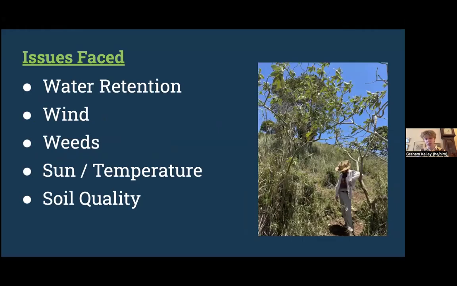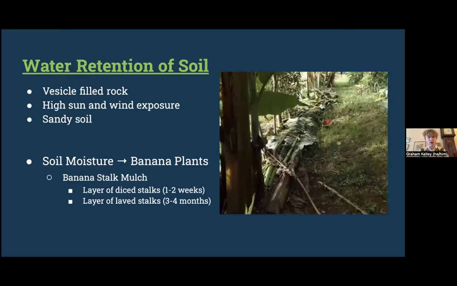I'm going to remind you what the issues were: poor water retention, high winds, invasive weeds, increased sun and temperature exposure, and reduced soil quality. Now I'm going to go into those specific issues and the Syntropic methods that he used and that I modified to treat this. First off, we have water retention in soil.